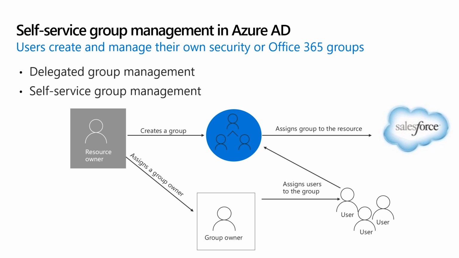If it's required, the owner can approve the request, and the user is notified of group membership. However, if you have multiple owners and one of them disapproves, the user is notified but isn't added to the group. This is known as self-service group management.